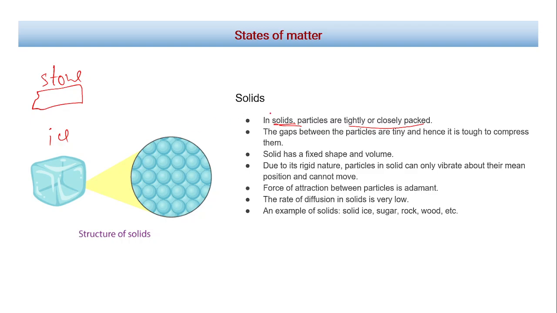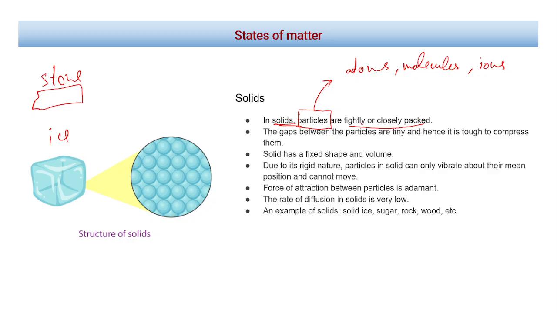When we use the term particle, we usually refer to atoms or molecules or sometimes ions as well. We just use this word particles whenever we are talking about physics or science.